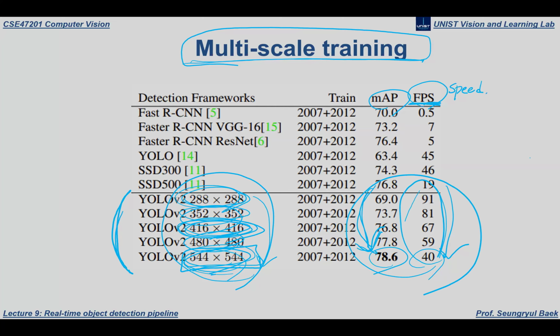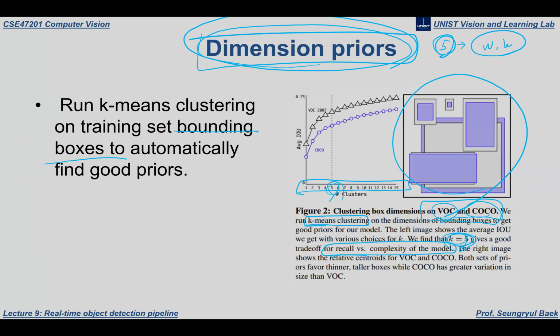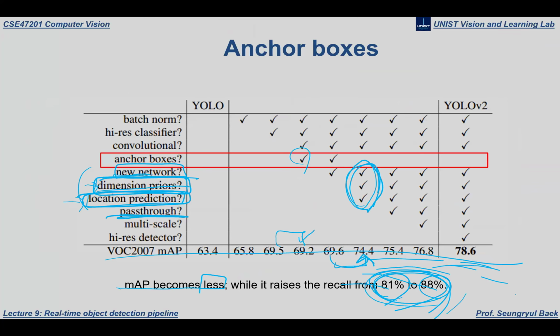Once we apply multi-scale training to obtain the model, we can adjust the input image size at inference time. By doing this simple multi-scale thing, they can improve their precision.